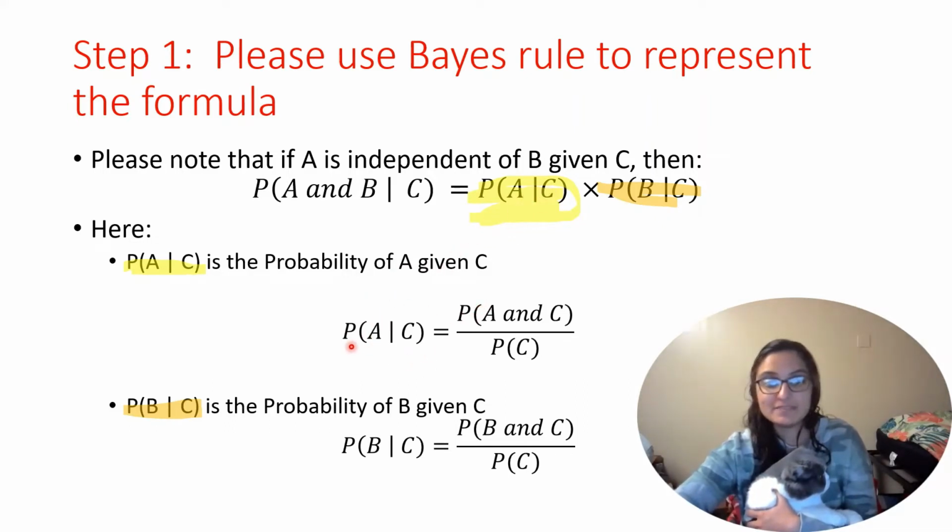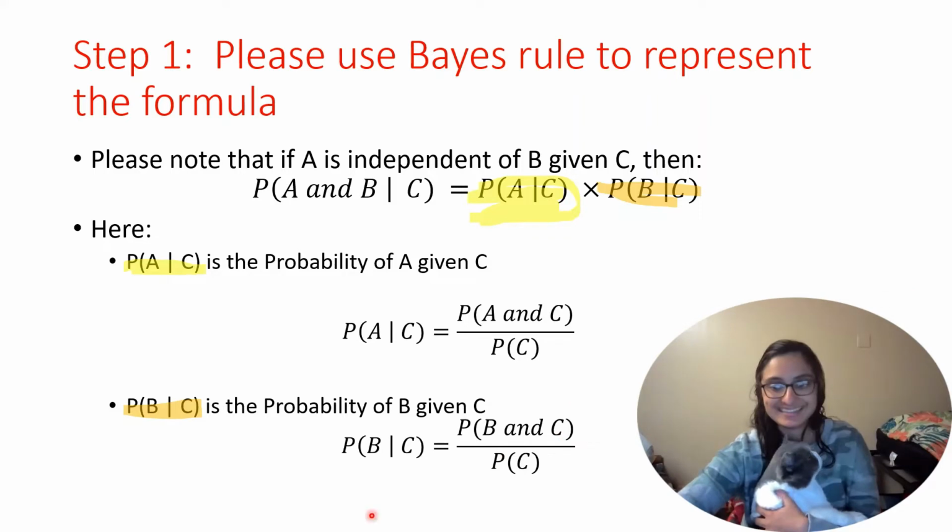So the probability of A given C is the probability of A and C divided by the probability of C, while the probability of B given C is just the probability of B and C divided by P(C), the probability of the event C happening.